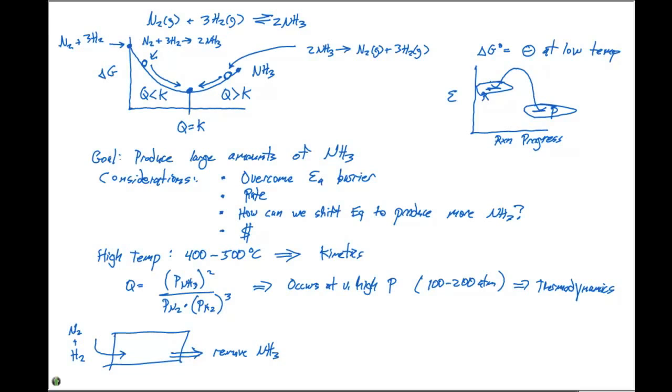If we can isolate and remove the NH3 here, this is going to shift the equilibrium forward, and it's going to produce more NH3.